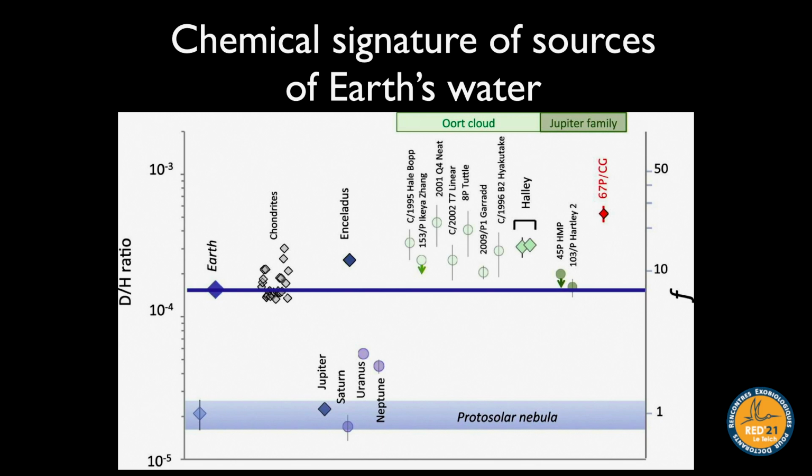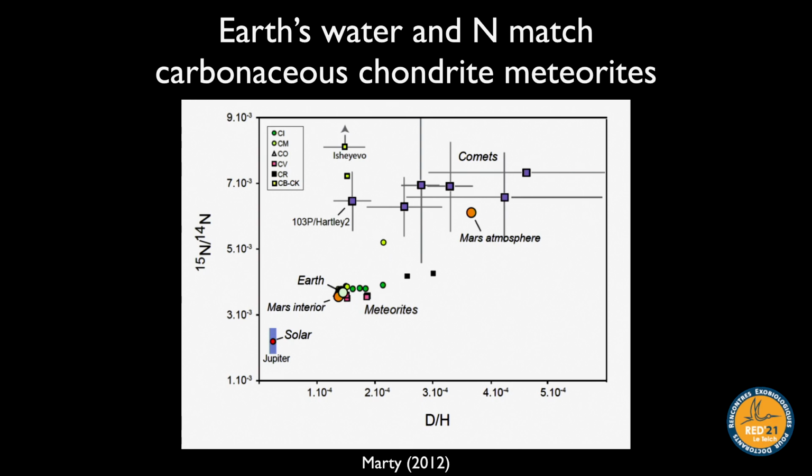Different types of meteorites, especially carbonaceous chondrite meteorites, have D to H ratios that match Earth's value really well. Most comets have values that are quite a bit higher, although a couple of comets do have ones that match. Yet, even though some comets match Earth's D to H ratio, none of them match other isotopes, like nitrogen especially. So I won't dwell on this, but this means that comets are probably not a great candidate.